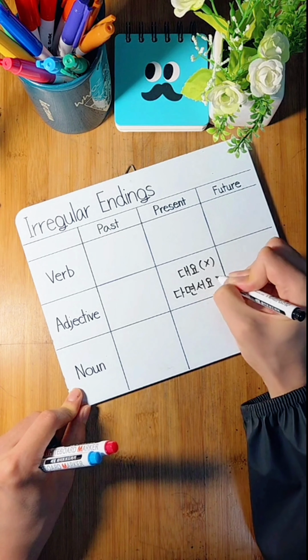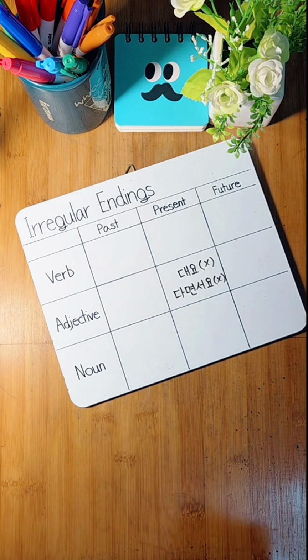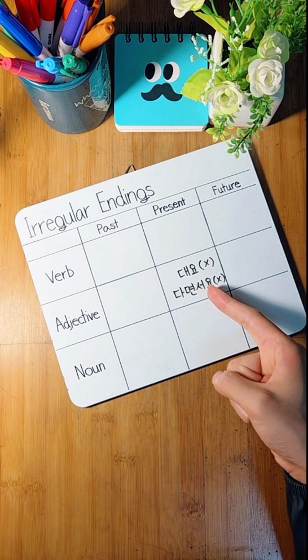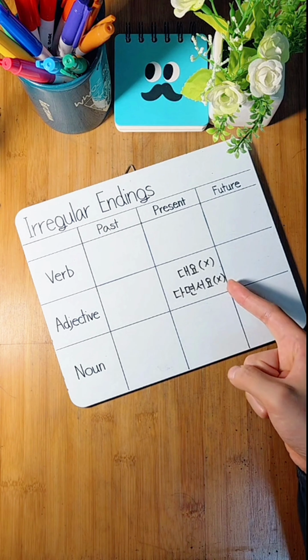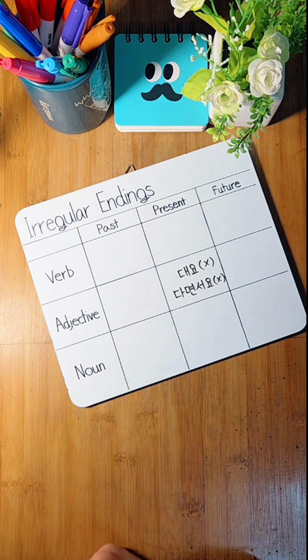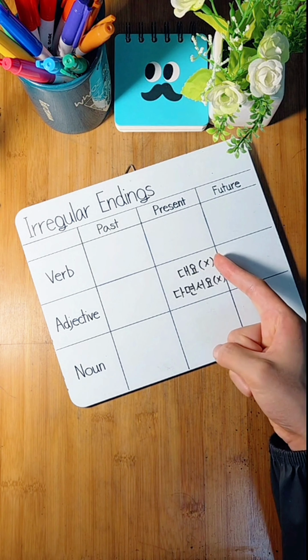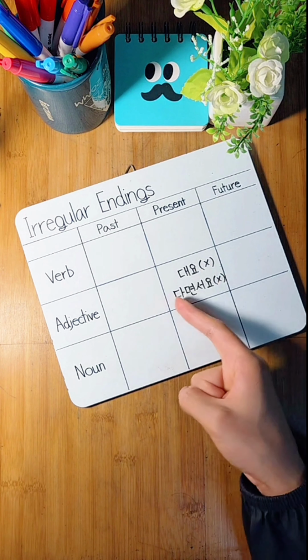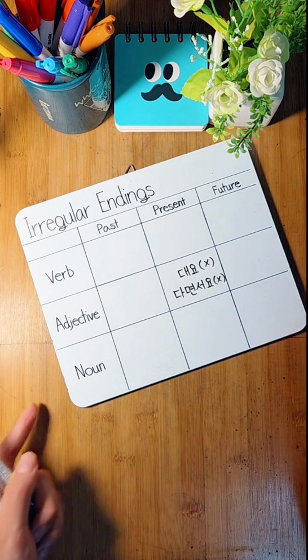Also no route ending. Okay, so it's either one of these two. So which one should I use? The factor that decides, the arbiter that decides, whether you should use 돼요 or 다면서요 as reported speech when you are giving it to an adjective in present tense is whether the listener already knows that information or not. So I'll show you an example.